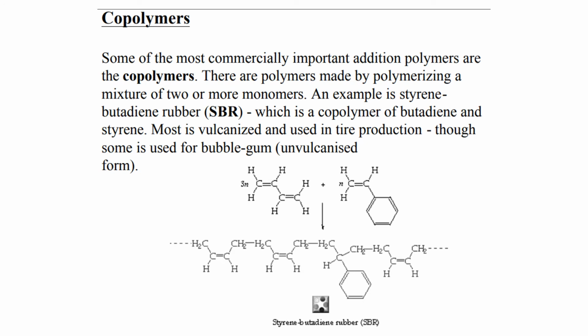So a good example is styrene butadiene rubber, SBR, which you can see in the image there. It's a copolymer between butadiene and styrene. And it's commonly used in tyres, but interestingly, it's also used in bubblegum when it's not got any crosslinks.